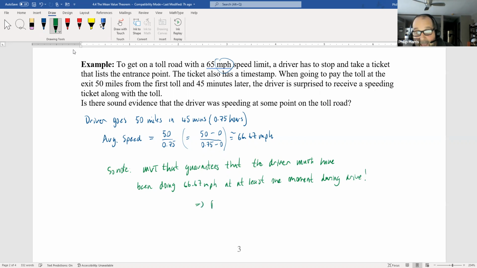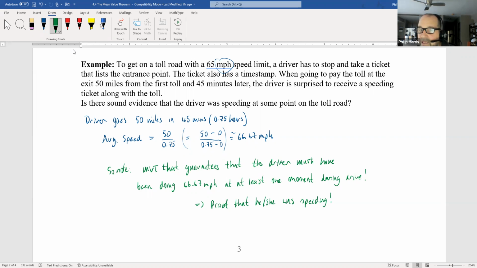Again, this is actual proof that he or she was speeding. You might think it's a little harsh to get a speeding ticket for being 1.67 miles per hour over the speed limit, but they were in fact speeding. I'm being a bit facetious, but we know they were at 66.7. We would know that they were faster than that too, right?